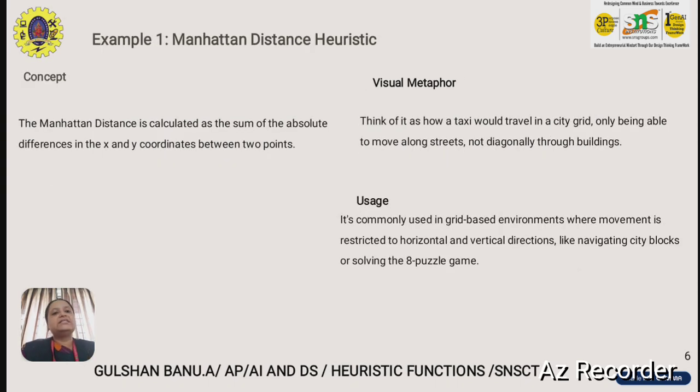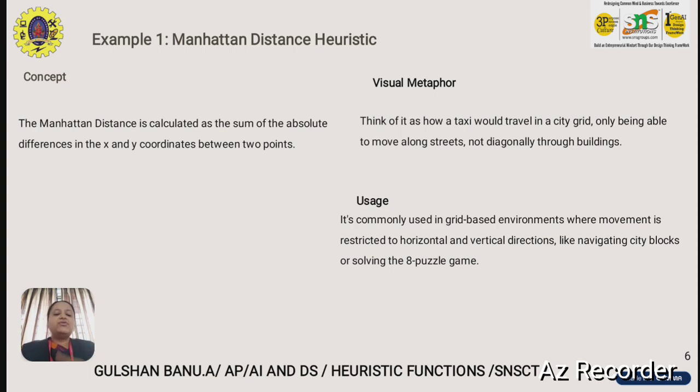The first heuristic to look at is Manhattan distance. The Manhattan function is one of the first examples of a heuristic value. It calculates the distance between the x coordinate and y coordinate of two points, and sums all the associated values.